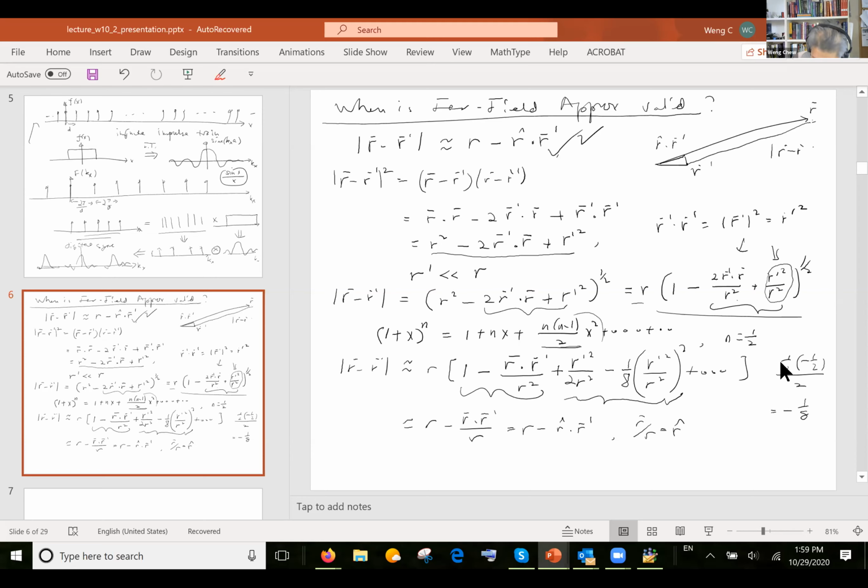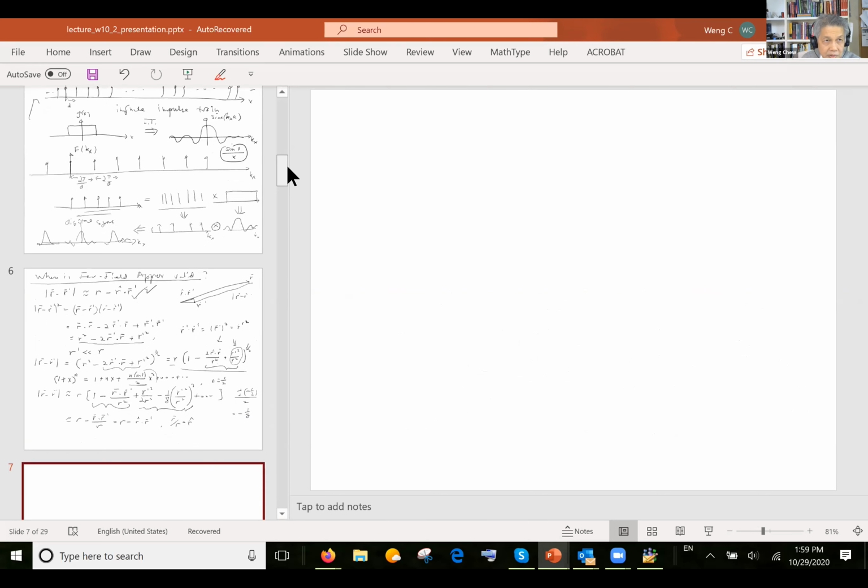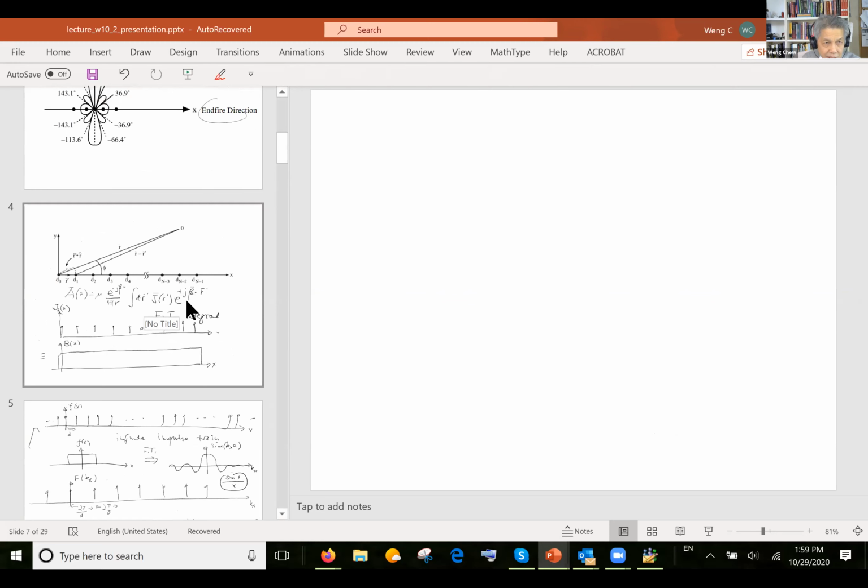So if I want to keep higher order terms, which means these two terms over here, I will make the approximation more accurate. The question to ask is, when can I throw out these terms? I need to go through the analysis, which I'm not going to go through in detail with you. The criterion would be that since I do make this approximation, I have to put it in the exponent.